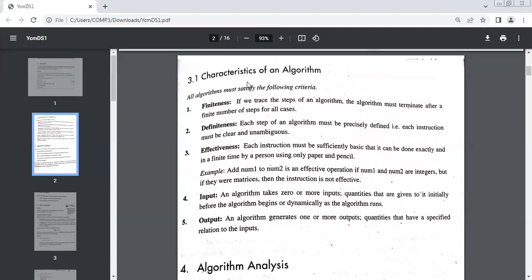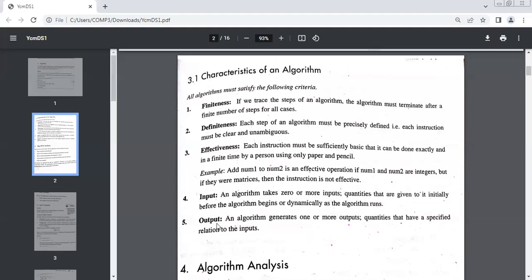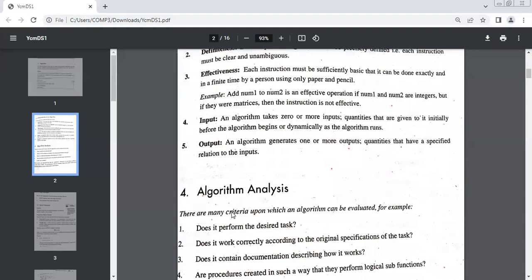So these 5 characteristics define algorithms. Every algorithm must satisfy these 5 conditions. Again, I repeat: finiteness, definiteness, third is effectiveness, fourth is input, and last is output. So these are the characteristics of an algorithm.